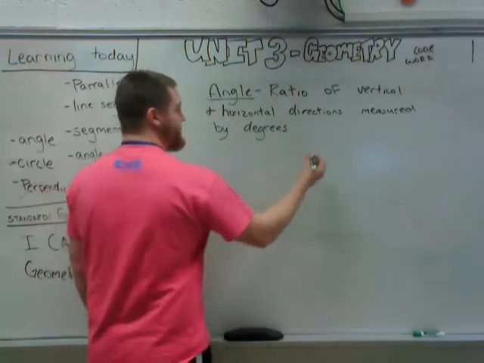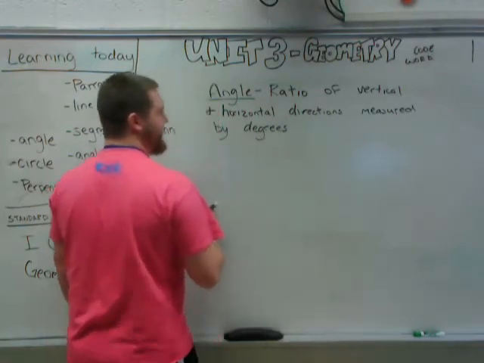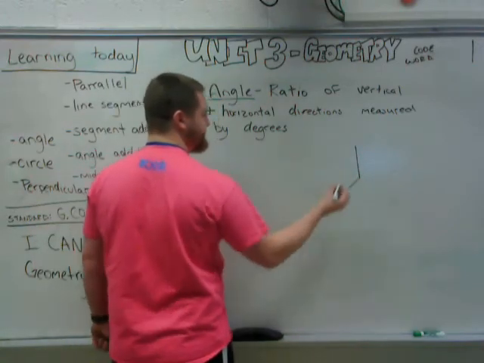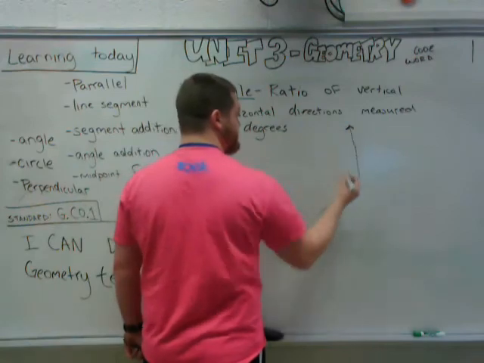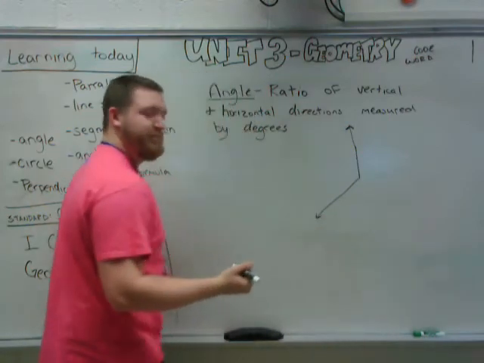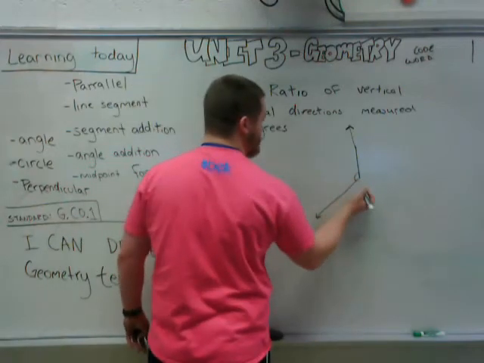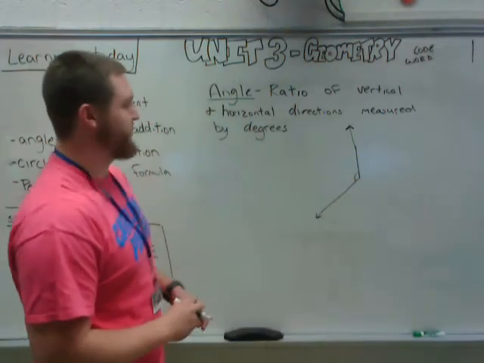Right now we're degrees. So I have an angle, and it's telling me a vertical and horizontal direction, right? They don't have to be perfectly vertical or perfectly horizontal, but pretty close. Because it's got to be less than 180 degrees.